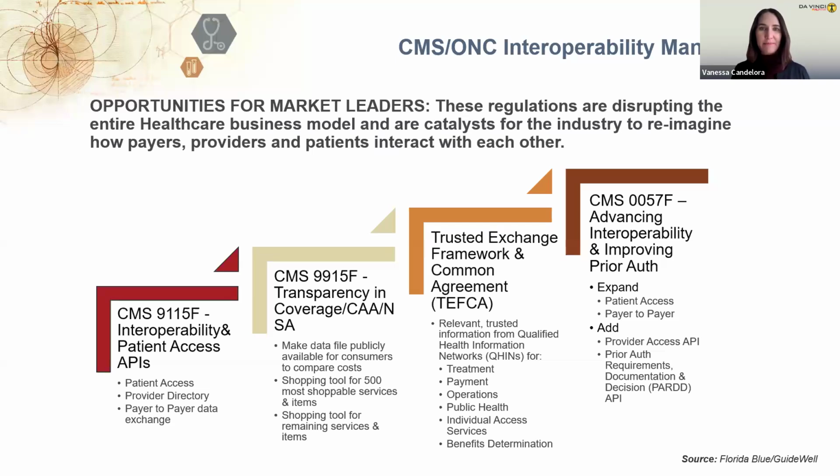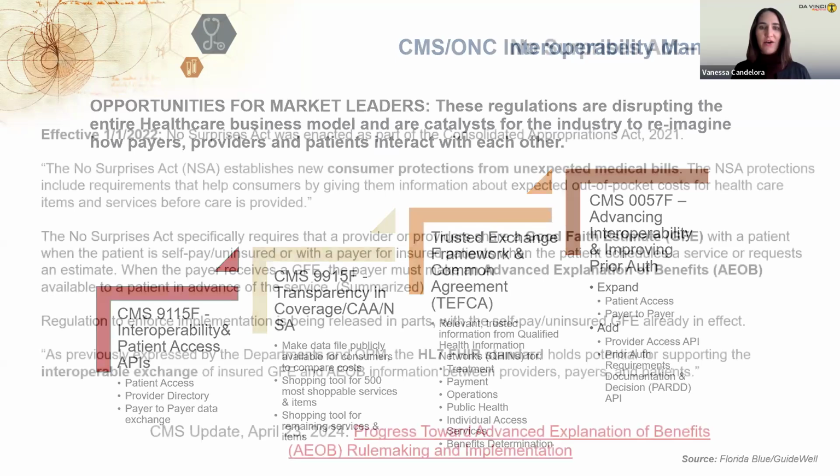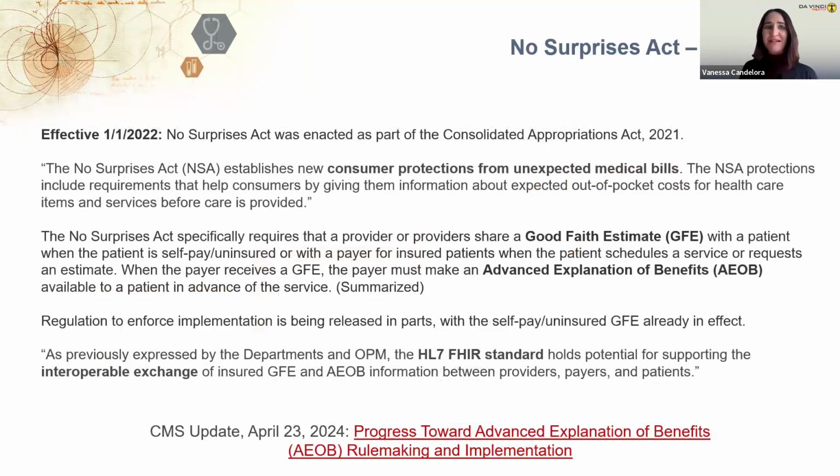Next slide, please. The No Surprises Act is not as new as we would think. It was actually passed in, I think, December of 2020 or 2021, and became effective January 1st of 2022. This is a law that went through Congress.